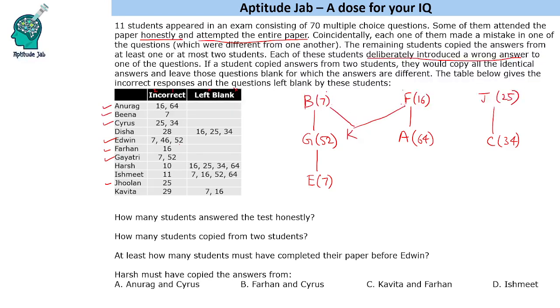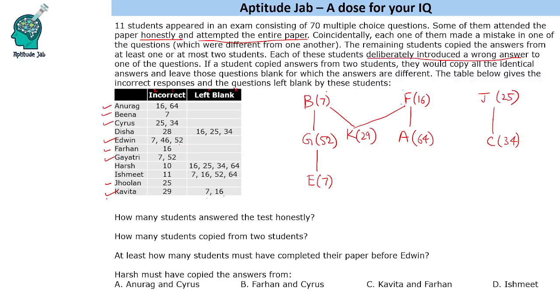Now, when Kavita sees question number 7, she sees a different answer for Beena and a different answer for Farhan. When she comes to question number 16, she finds Beena has a different answer, which is the correct answer, and Farhan has the incorrect answer. So she gets confused and skips that question. So 7 and 16 have been skipped. So that means she copied from these two and introduced a wrong answer, which is question number 29.